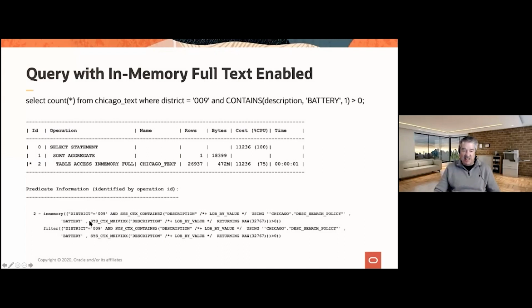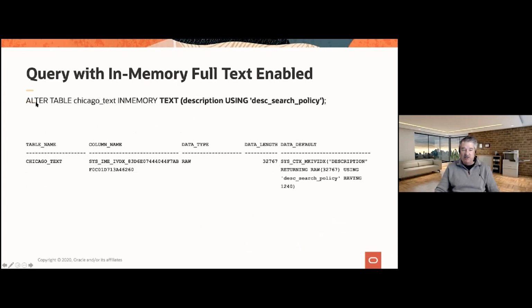So in the execution plan you'll see this context index, which we didn't create, because we enabled this in the table. I should go back, since we're going all the way with this. If you tell the database that for the Chicago text column, or the table, that we're going to add it in memory, there's a special text word that you can put on there for description.